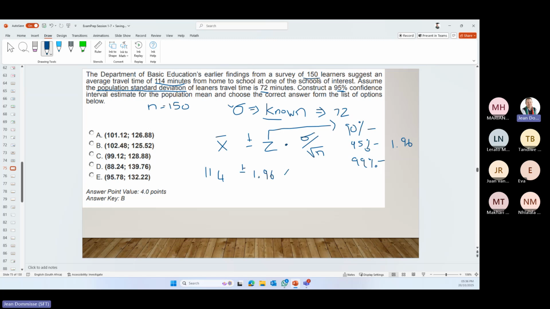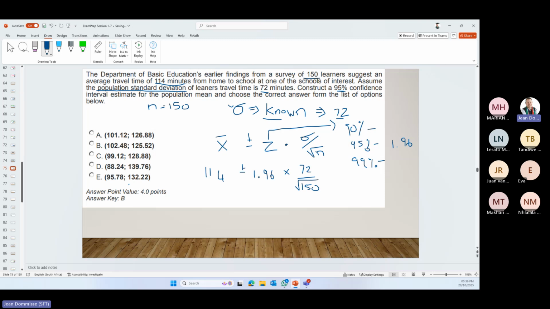And we multiply by the standard deviation, which was 72, divided by the square root of 150. This number is not going to be a clean number, so we can already see it's going to be some decimals.